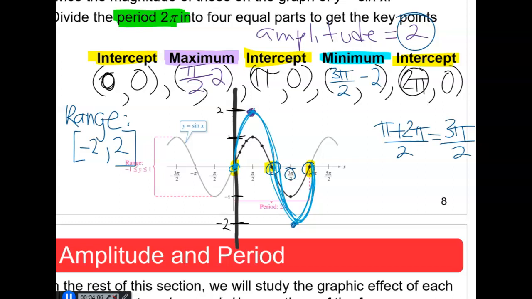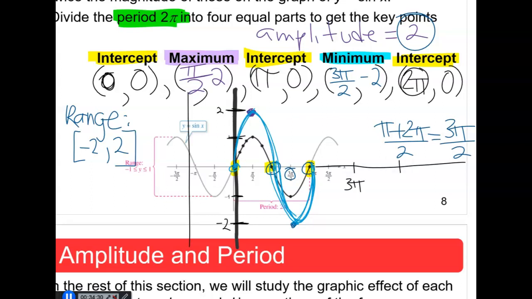Now, just to be in compliance with the question, they want us to graph this from negative pi, so from here, to, I believe, 4 pi. So what I'm going to do is extend my x-axis. So then let's see. I'm going to say this is 3 pi.